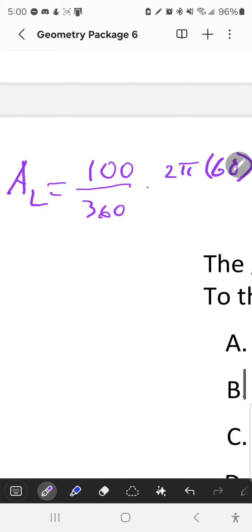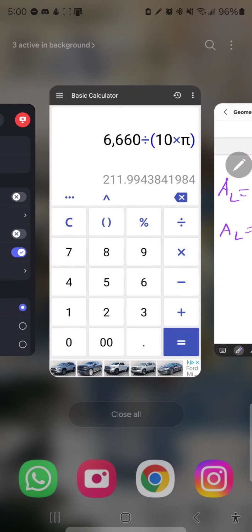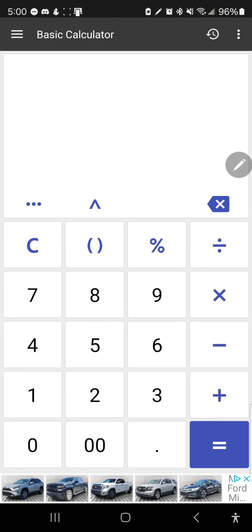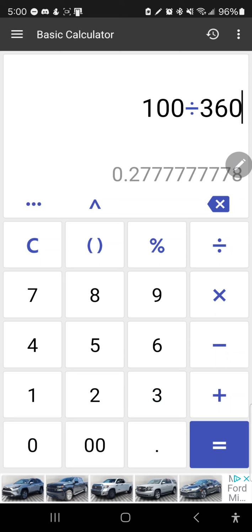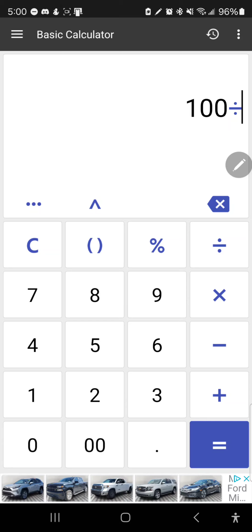And we can put all this in a calculator. We can go step by step. Our length equals 100 over 360 times 2 pi 60.